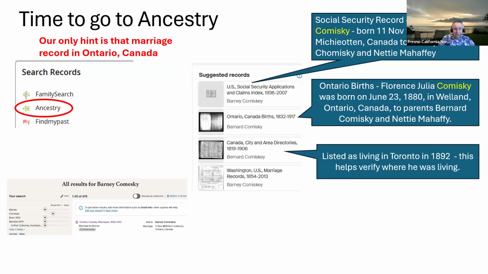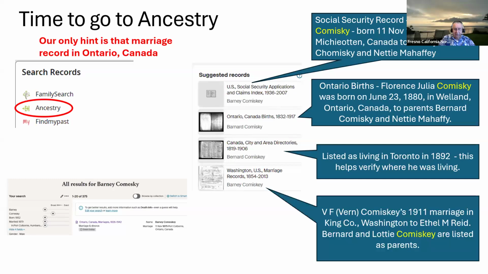Then the bottom one was interesting, Washington marriage records. Well, it's that son Vern from up on top, and he apparently came to the States, and in 1911 he married an Ethel Reed in the Seattle area, King County, Washington. And notice his last name is spelled even different.